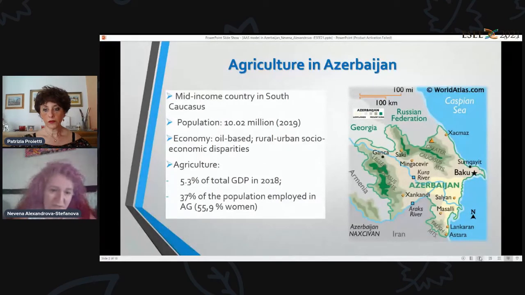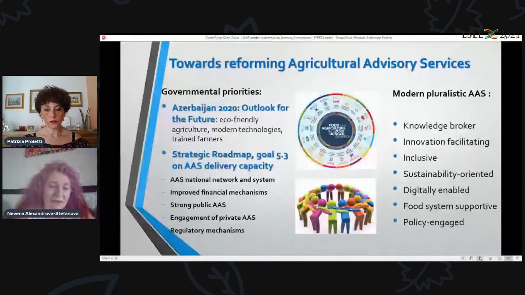Besides that, Azerbaijan is a rejuvenating nation, with a lot of young people living in the rural areas who are trying to find decent employment. Advisory services can be part of the solution. And this is definitely recognized by the government of Azerbaijan and also donors like the European Union.